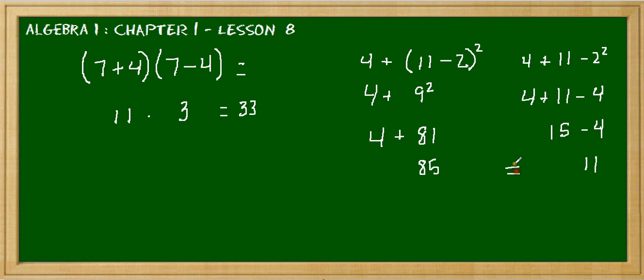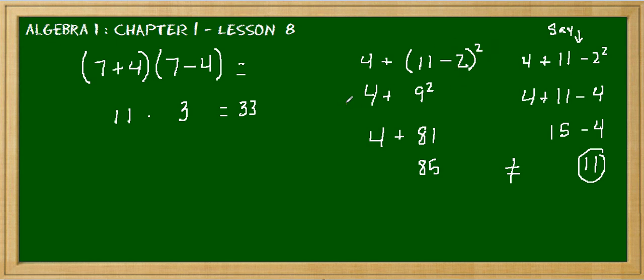So is that equal to that? No. So as you can see, this would have been said wrong. If we would have said 4 plus 11 minus 2 squared, we would have been meaning this, which would have been the answer 11. What we meant was 4 plus parentheses 11 minus 2 n parentheses squared.